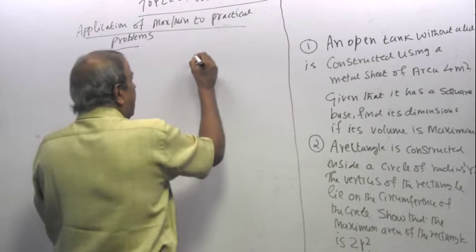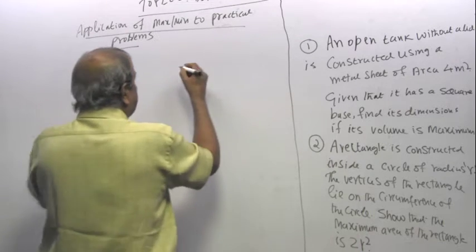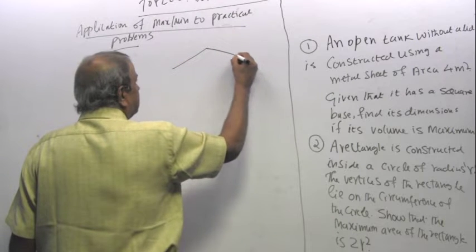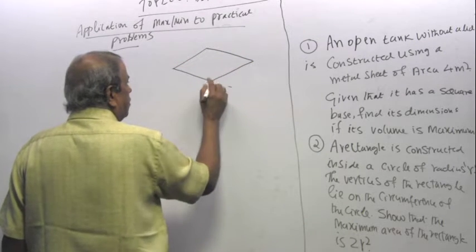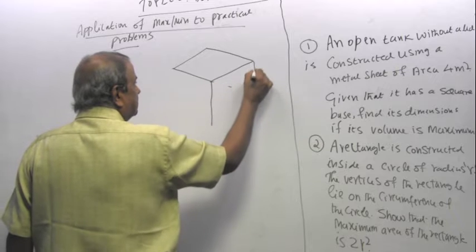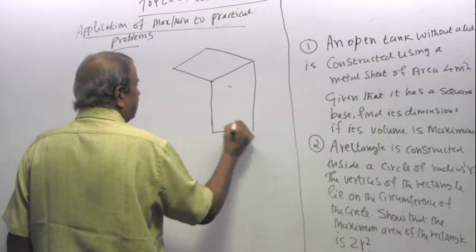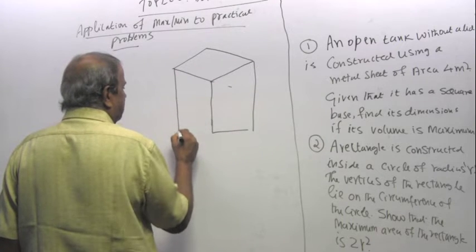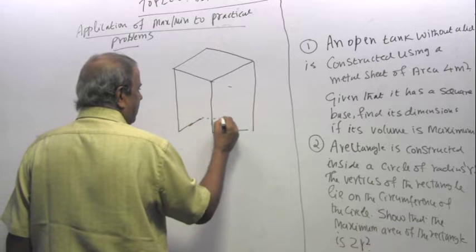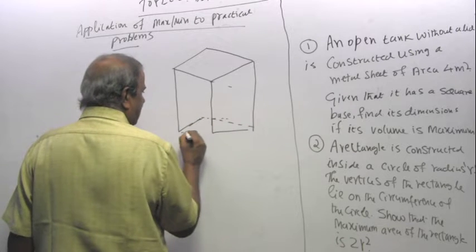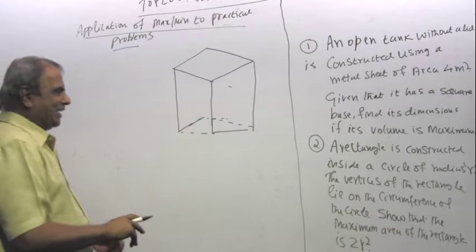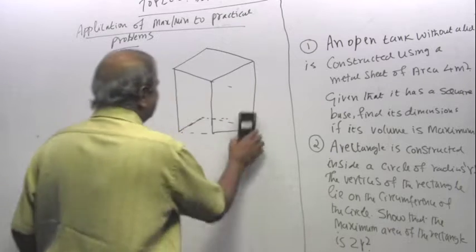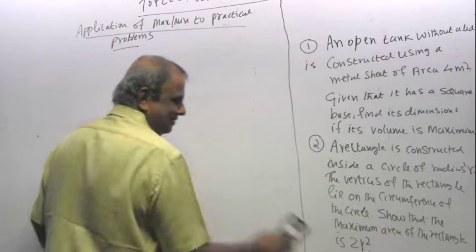So the tank, always draw a rough diagram to understand the situation. See, I'm going to give you the notes. So that is the top of the tank. That is a tank. Of course, my drawing ability is very poor, as you can see. Let me draw a better diagram.